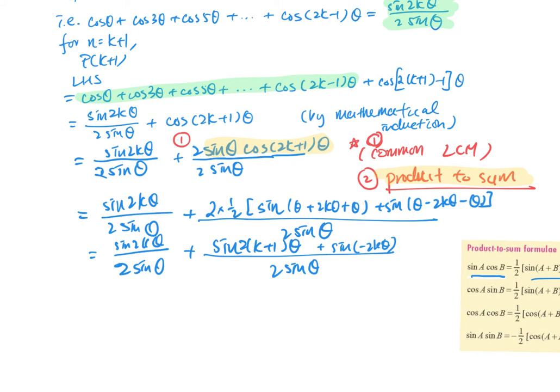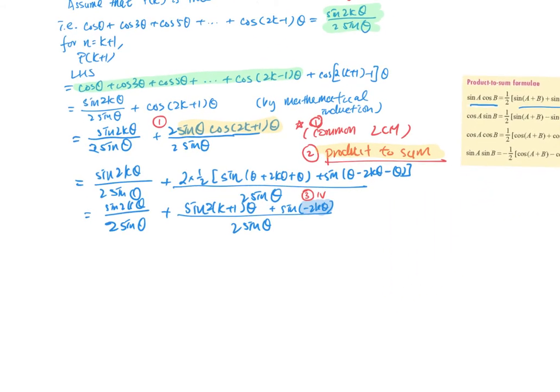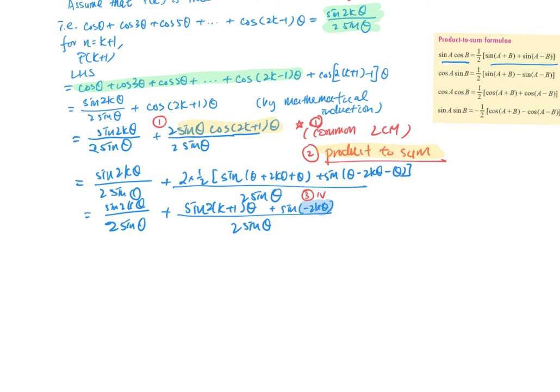This one is quadrant 4, right? Quadrant 4. So this is point number 3: when we have a negative, we need to check the quadrant and simplify. Remember, we have to check the quadrant using CAST.